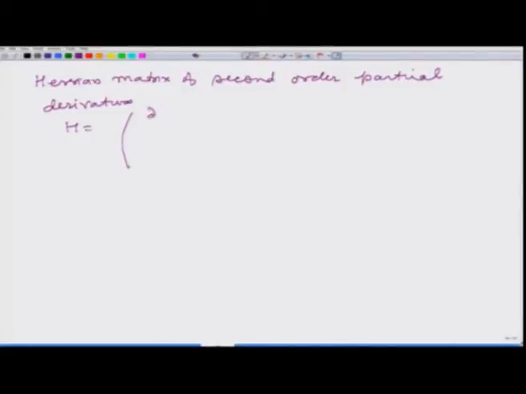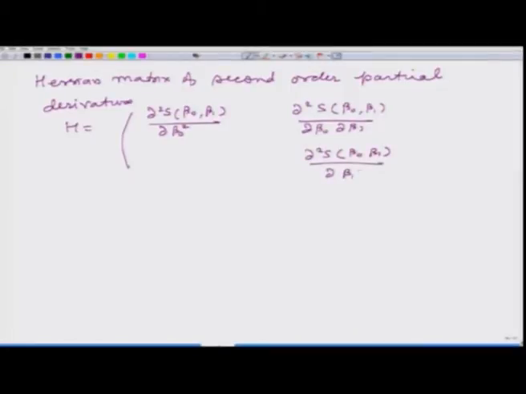So, the Hessian matrix of second order partial derivatives is defined here as H, that can be a 2 by 2 matrix with the second order partial derivative of S with respect to beta 0 squared, and then the mixed partial derivative with respect to d beta 0 d beta 1, and on the second diagonal the second order partial derivative of S with respect to beta 1 squared. And the off-diagonal term is going to be the same, with respect to d beta 0 d beta 1, right.